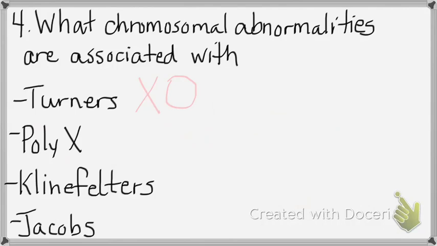How about poly-X? 3 X's. Of course, both of those disorders would give you what sex of an individual? Female. Okay, how about Klinefelter's? XXY. What would be the sex of that person? Male. And lastly, Jacob's? XYY, and the sex? Male.